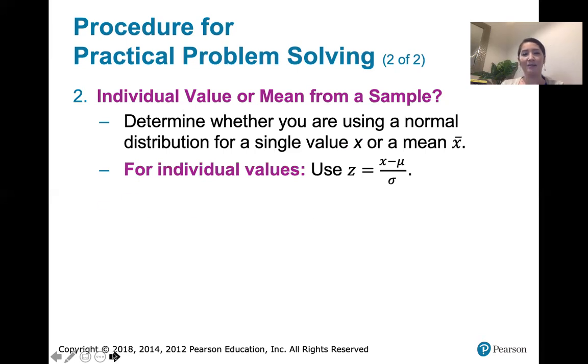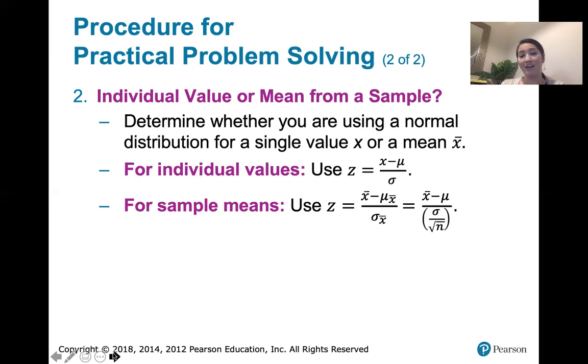Now, if we're talking about sample means, we've got to use the mean and standard deviation of the sample means. And then we're thinking of that random variable not as an x value from the population, but as x bar. That's a particular sample mean. So our z-score is going to be calculated the same way.